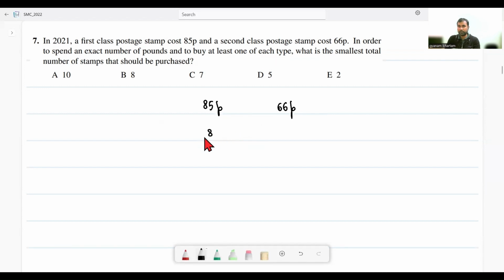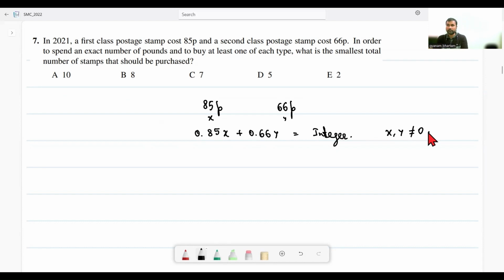Exact number of pounds is if you multiply 0.85, let us assume this is x times and this is y times. This must be an integer, and x and y are not going to be 0. Okay, this is what we have to take care of, because we want exact pounds.